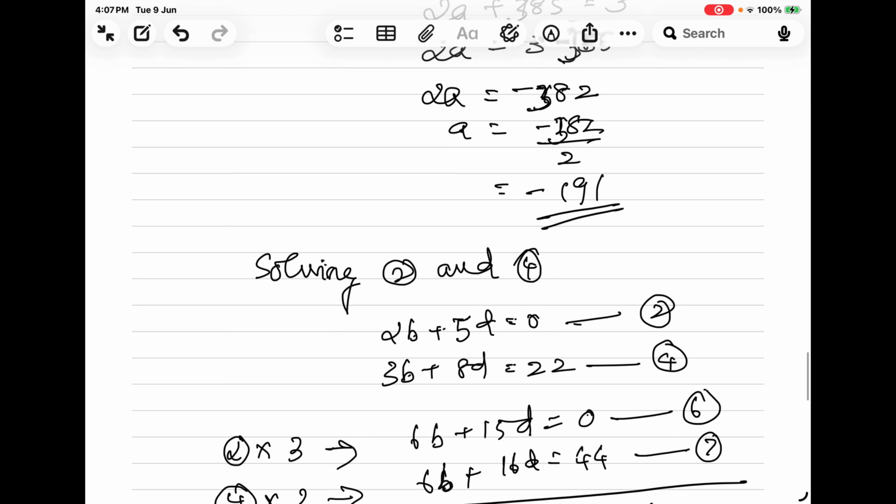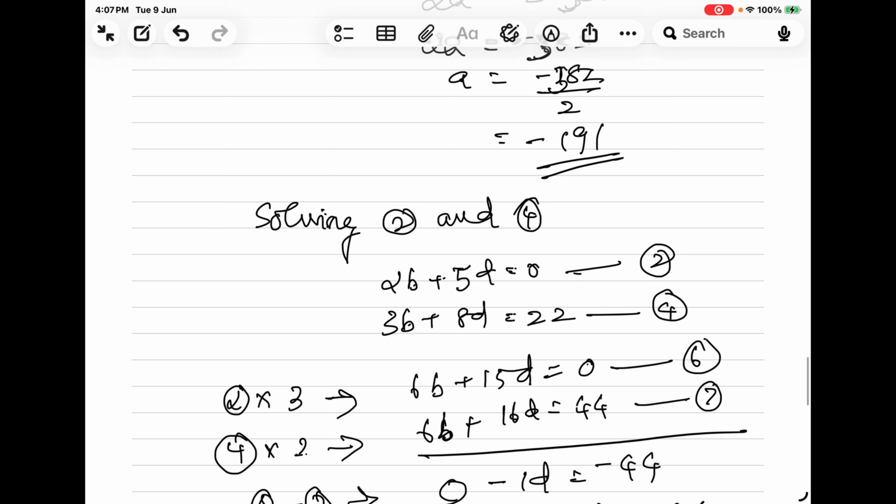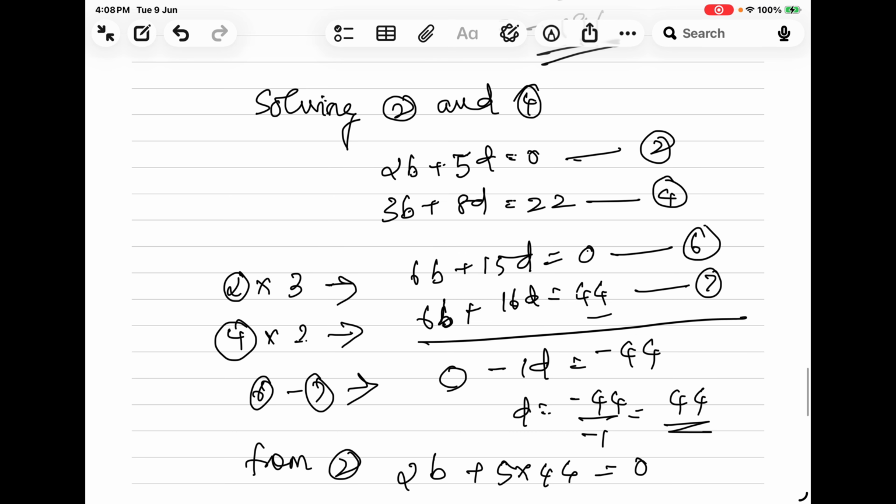Then solving 2 and 4: 2b plus 5d equals 0, 3b plus 8d equals 22. Equation 2 into 3 gives 6b plus 15d equals 0, equation 6, and equation 4 into 2 gives 6b plus 16d equals 44, equation 7.